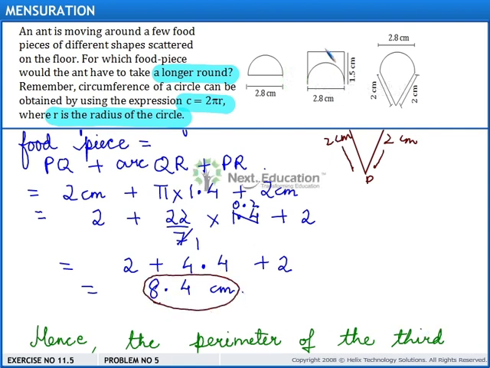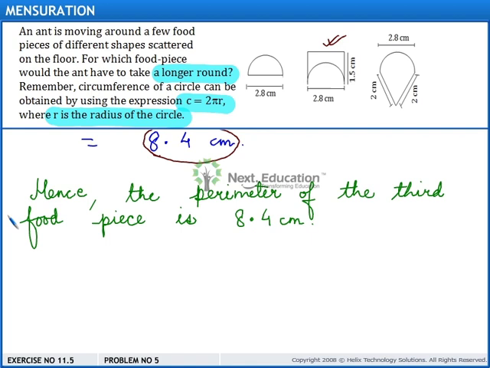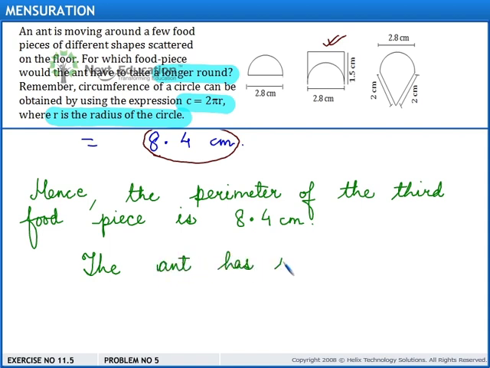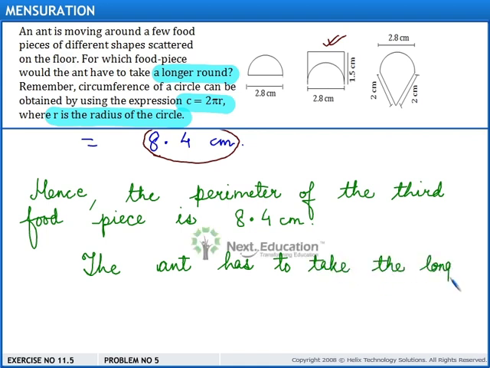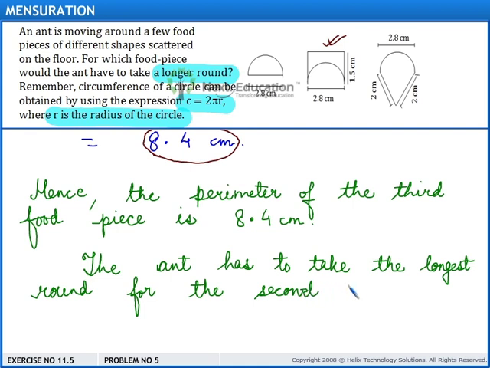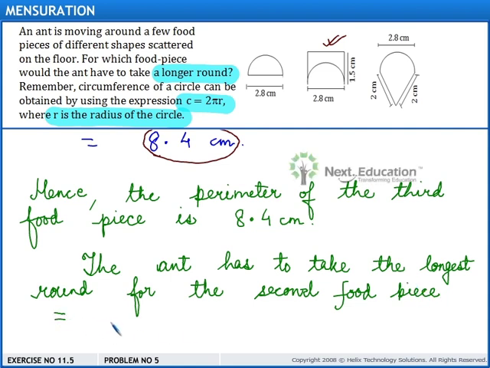So for the second footpiece, the ant has to take the longest round, that is equal to 10.2 centimeters.